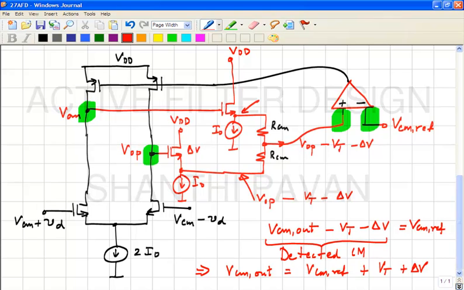And so, why do you think there is an error? I mean, originally we had intended the output common mode voltage to be VCM ref, isn't it? Now it is VCM ref plus something plus something. So, why do you think there is an error intuitively? It comes out of the math all right, but where is the error coming from?